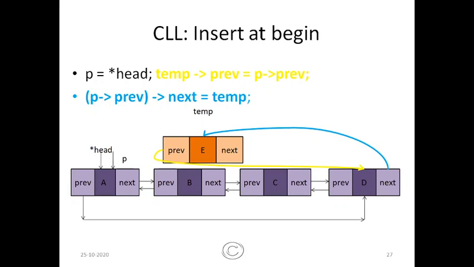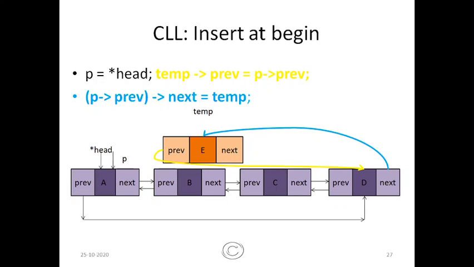First we will assign temp previous to P previous, and D's next will be the temp address. Since temp will be the new head address of the circular linked list, the last node's next address will point to the temp node.